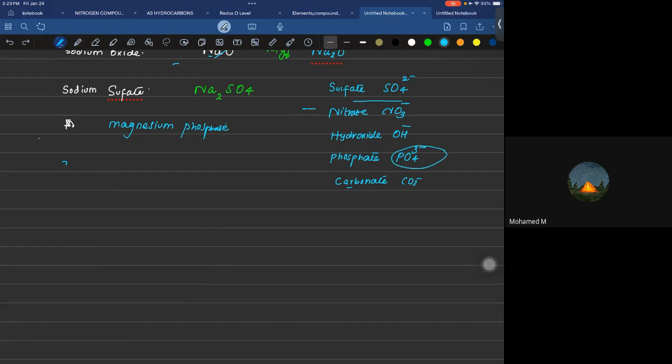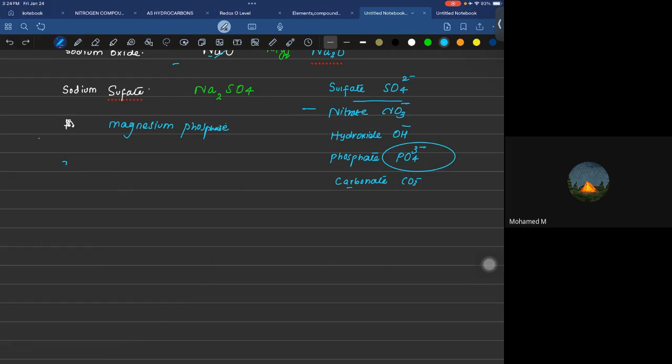This is your phosphate, right? Yes, but magnesium is in group 2, so it has valency of 2 as well. I think it's Mg3PO6, but I'm not sure.